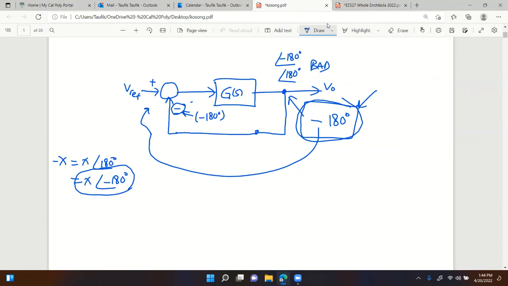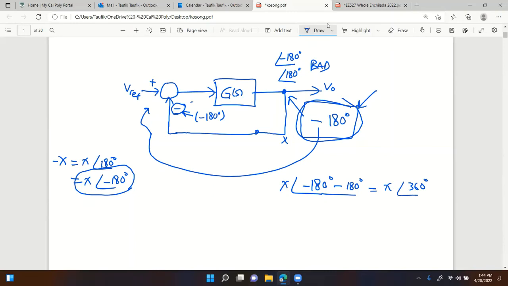Then what happens? You have a signal, let's call this X now, that already has 180 degrees phase angle. Now it gets into this feedback and it sees the negative sign. That means you add another 180 degrees, right? Now you have X at 360 degrees.